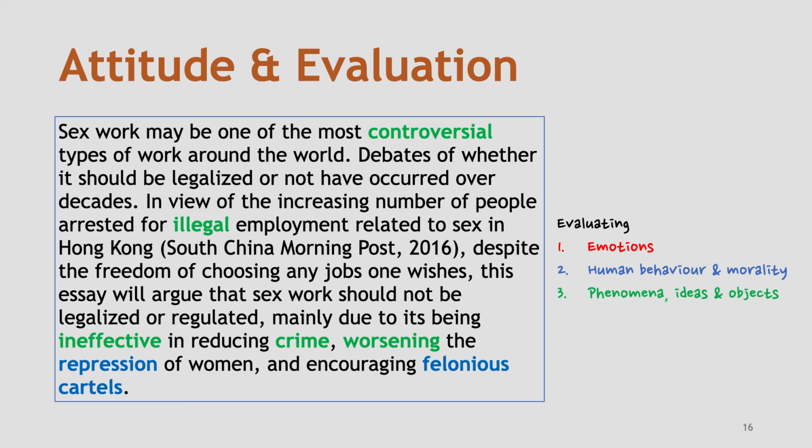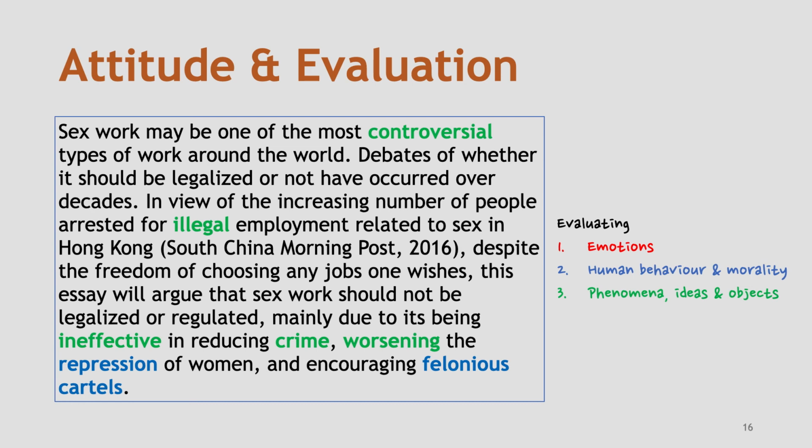Then we have the language features for expressing attitude and evaluation of the topic. And these language features would be used for expressing our emotions or the emotive responses of the people that are described in the text. For example, whether you are happy, whether you are sad or not. And you may also want to talk about human behavior or morality.